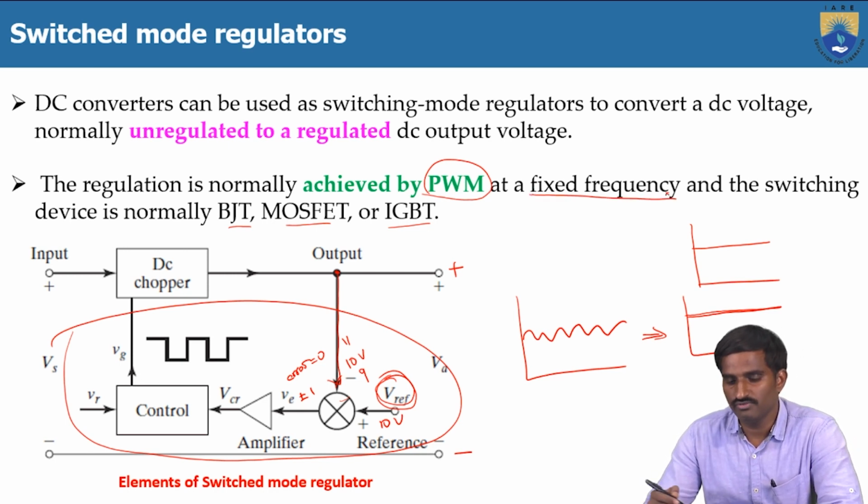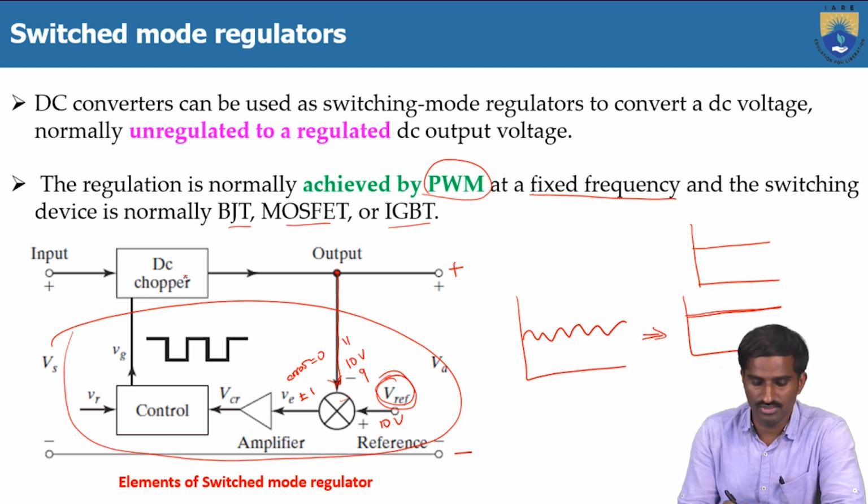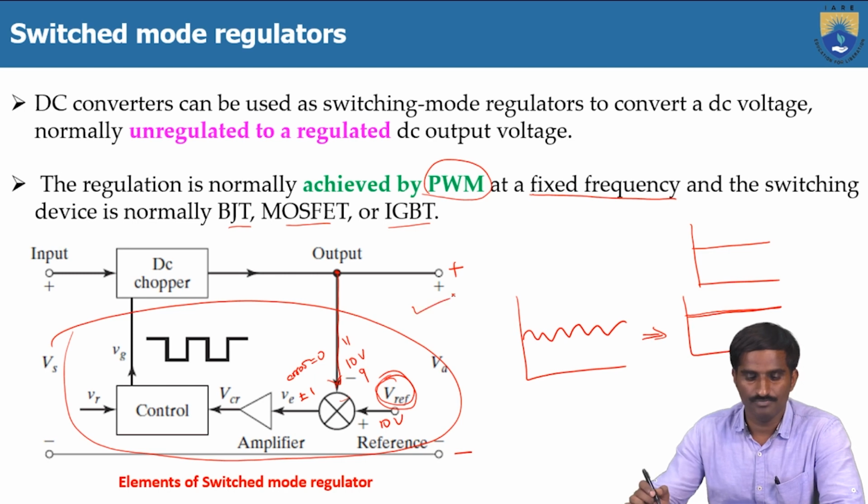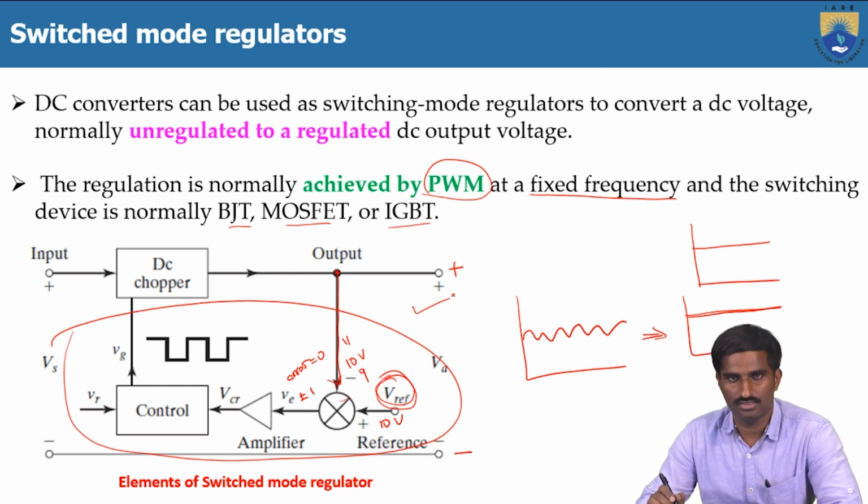So we won't change the frequency, but by changing the amplitude or the time period, we can change the pulse width of the particular pulse which is given to the DC chopper. So according to that, we are regulating the output voltage by taking the reference signal. This is how usually the switch mode regulator will work.